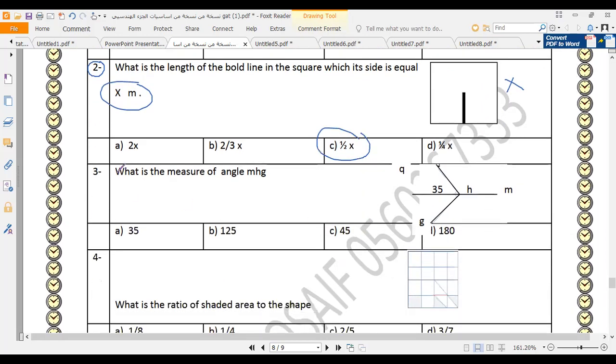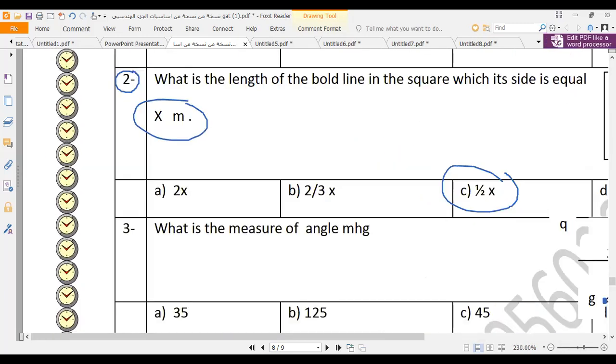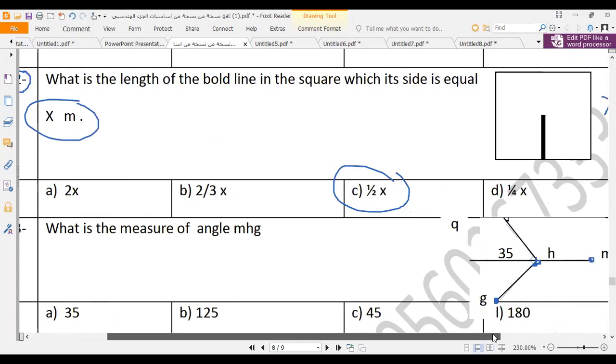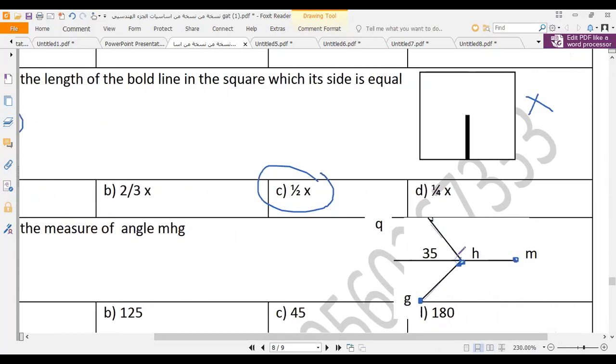Okay. What is the measure of angle MHG? So this angle here, how I got this one, if I magnify the figure, if I zoom like this, you see here you have a right angle.